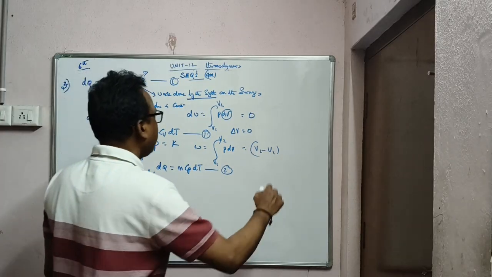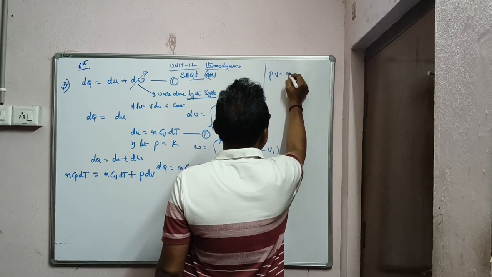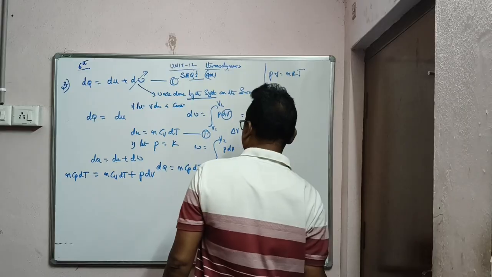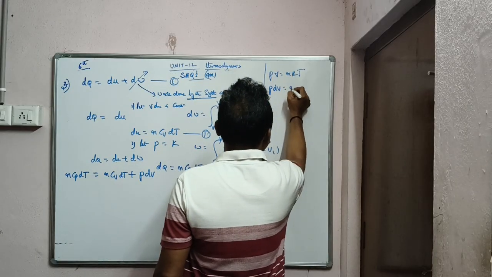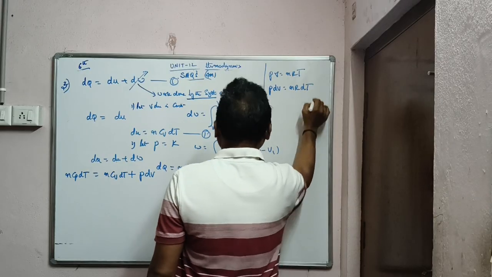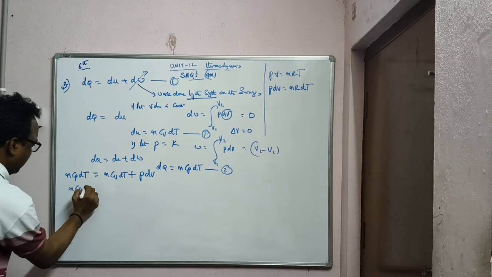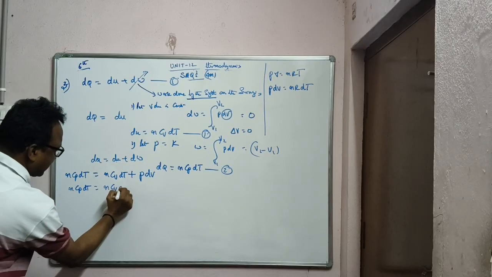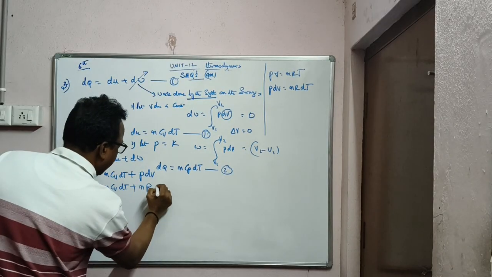PdV. And for n moles of gas, what is the equation? PV is equal to nRT. Now take the derivative: PdV is equal to nR dT. Put it here: n Cp dT is equal to n Cv dT plus PdV, which for n moles of gas is nR dT.